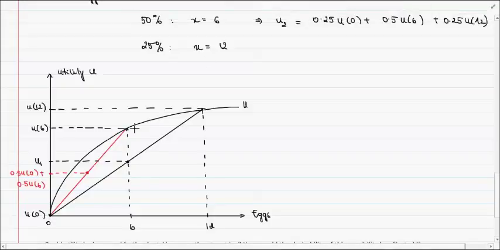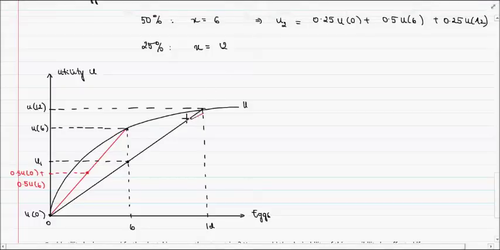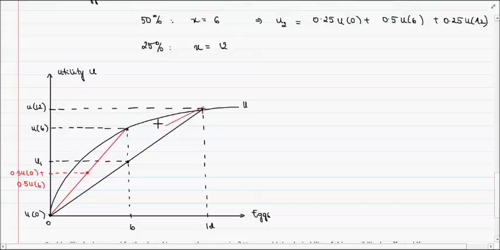Okay, so this is just the midway between u0 and u6. Now if I use another straight line and I connect the 2 points between u6 and u12, connect these 2 points together.